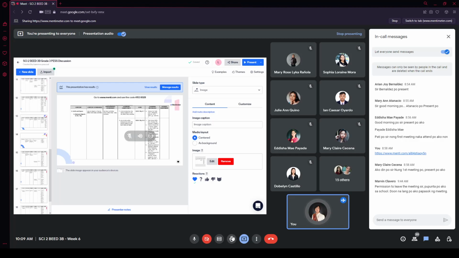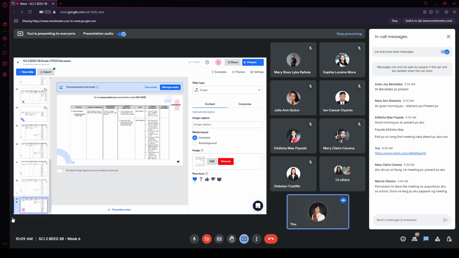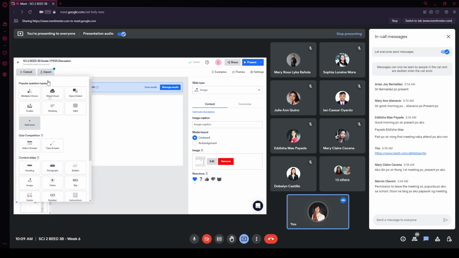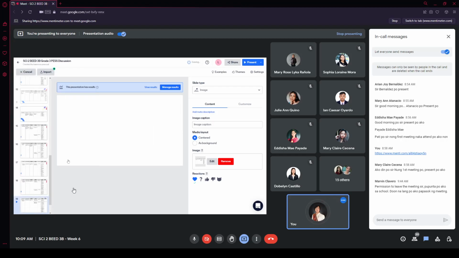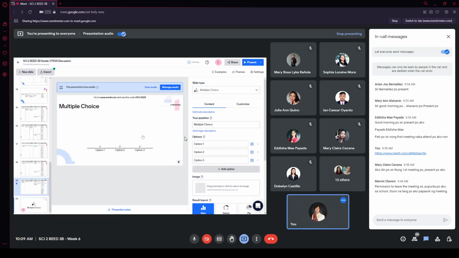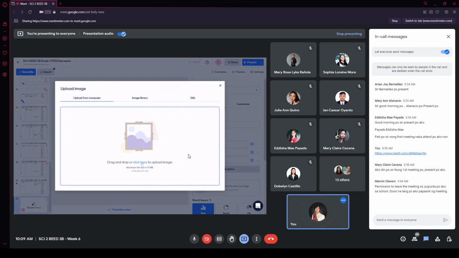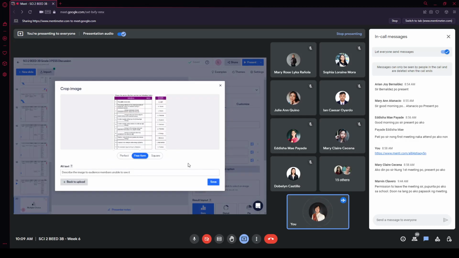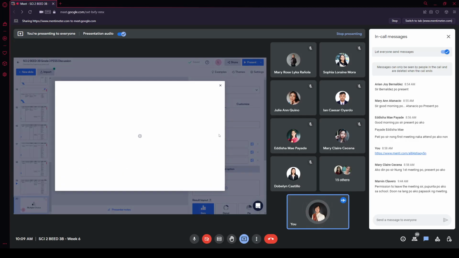Okay, so we'll have our first interaction. Just edit this one here, new slide, and then multiple choice, image. Okay, save. Okay, still loading.